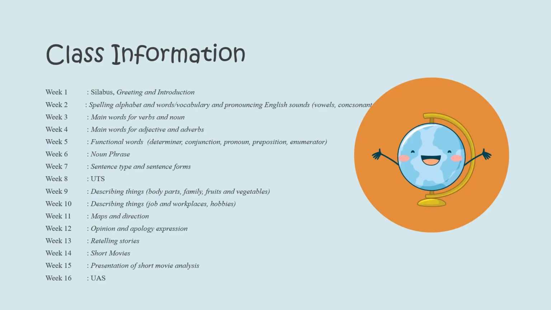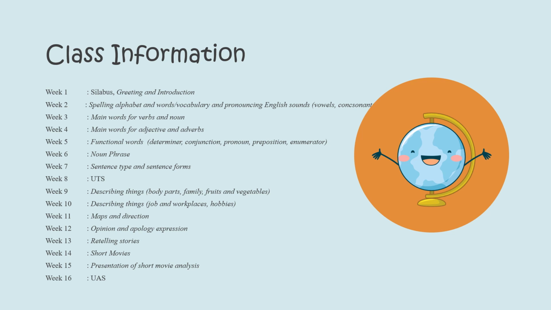All right, we will have 16 weeks in this semester. I will inform you: the first week is syllabus, greetings, and introductions. That's what we're doing now. In the second week, we have spelling the alphabet, vocabulary, and pronouncing English sounds, vowels and consonants.